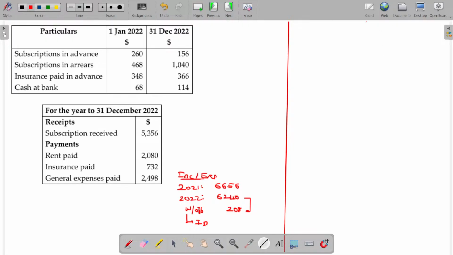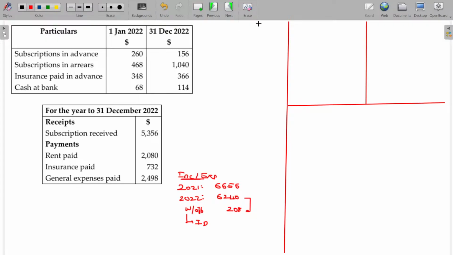So, subscription account and income and expenditure account.